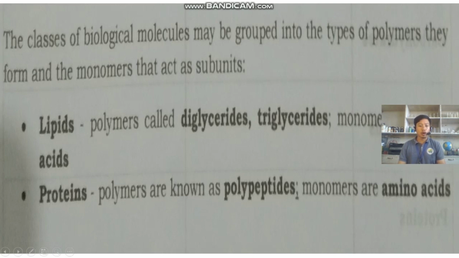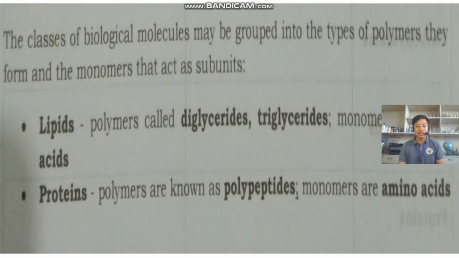The polymers of proteins are known as polypeptides, and its monomers are amino acids.